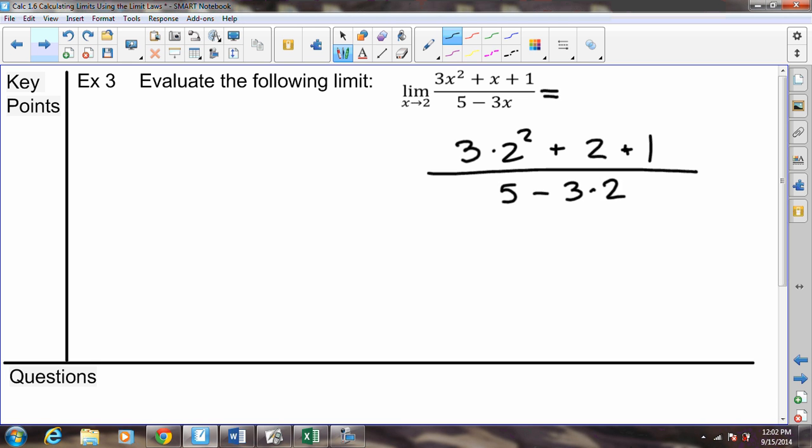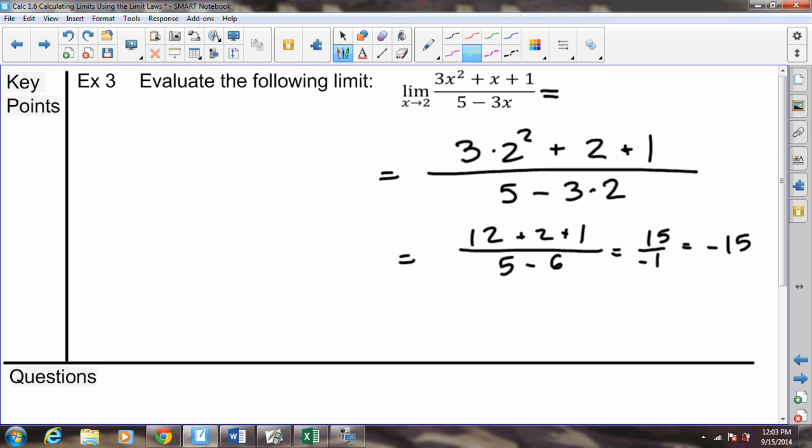It's not a guarantee every single time, but in many cases it does. 3 times 2 squared. 3 times 4 is 12, plus 2, plus 1, over 5 minus 6. That's 15 over negative 1, which equals negative 15. So, as x approaches negative 2, this entire function is approaching negative 15 in height.